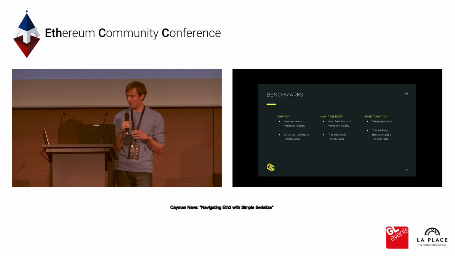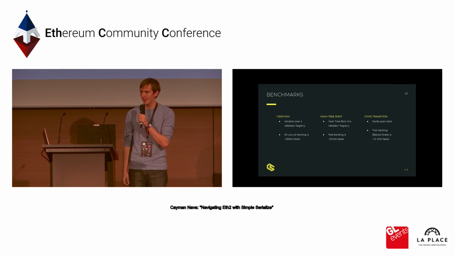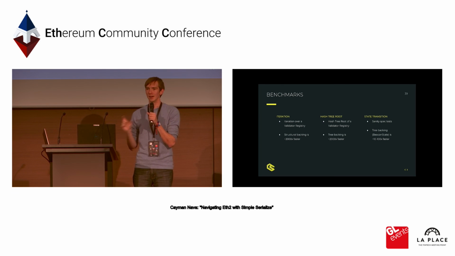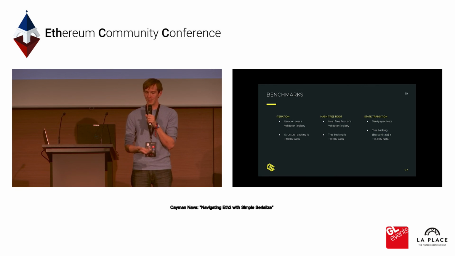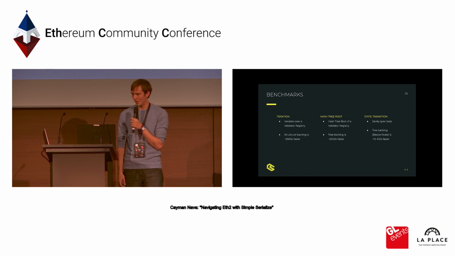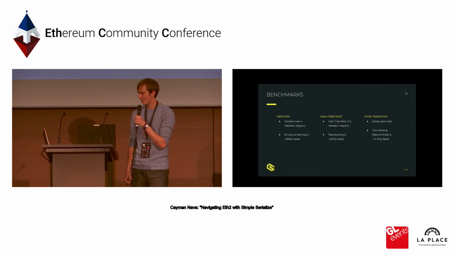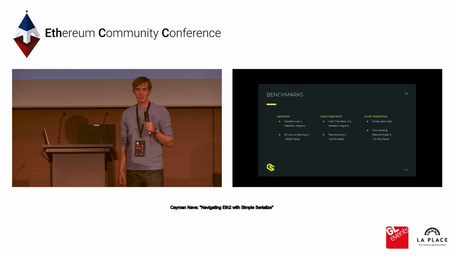So we ran some benchmarks against the state transition, representing our beacon state as a tree, as a structural piece of data, or as a byte array. We found that the tree backing is roughly 10 to 100 times faster. It turns out that our bottleneck was actually getting the root of the tree, more so than iterating over a large validator set.